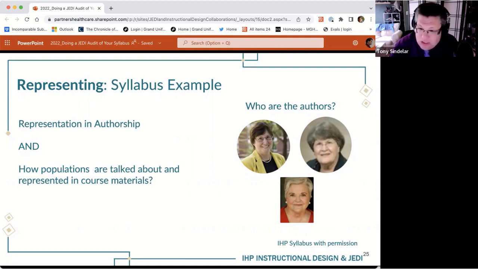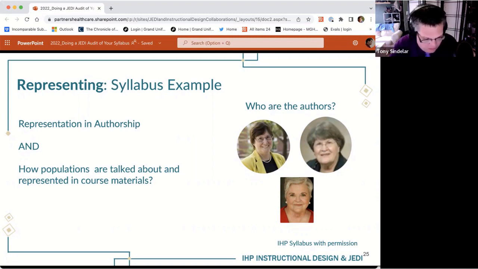We could do a whole separate workshop just on this one aspect of equity-minded practice, going through your syllabi, your D2L materials, and doing an audit of who are the authors that are present there and who are not present.